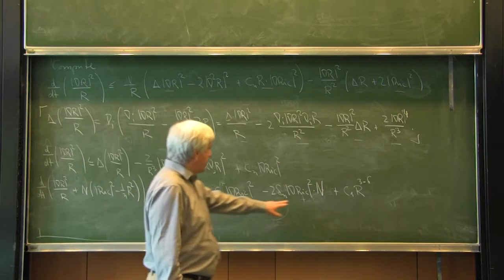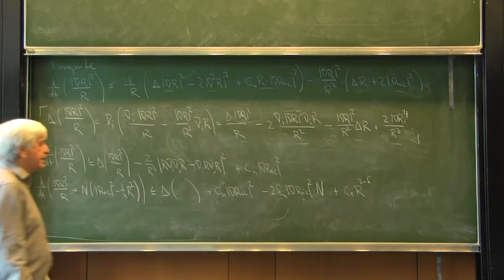You choose n times delta n to be bigger than the C of n.